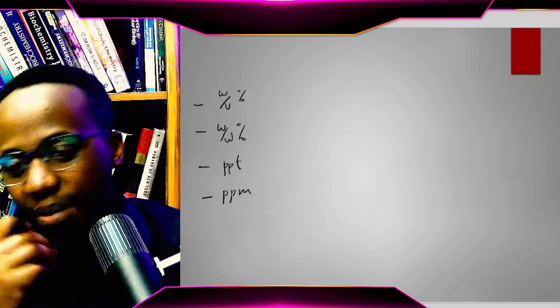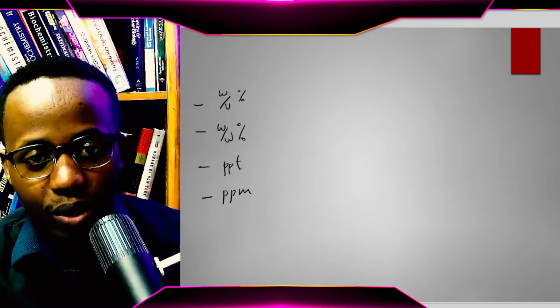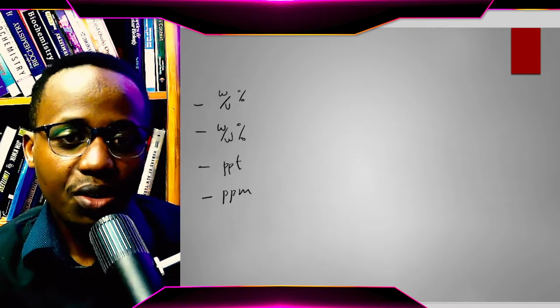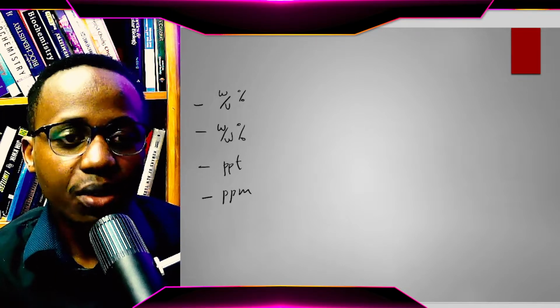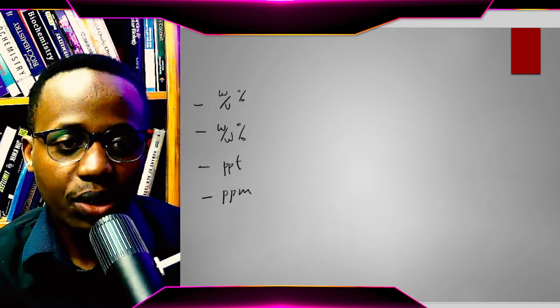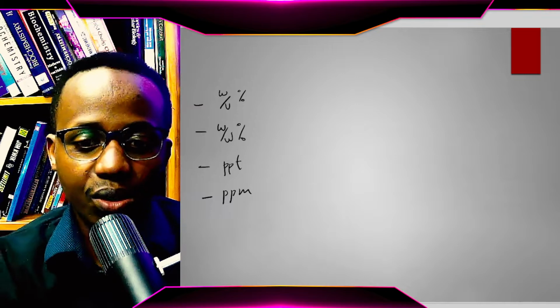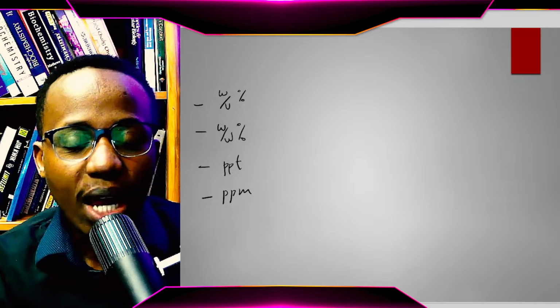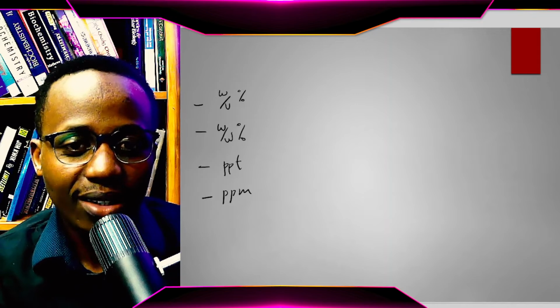But in chemistry, we use moles a lot, right? You can use grams. If you got grams, you can go from grams to moles, right? And we know that moles are more accurate because these are really the quantity that is in your solution. So we have a lot of mole-based concentrations.